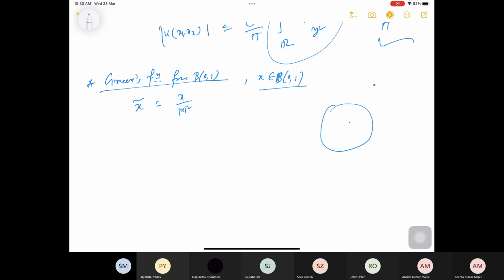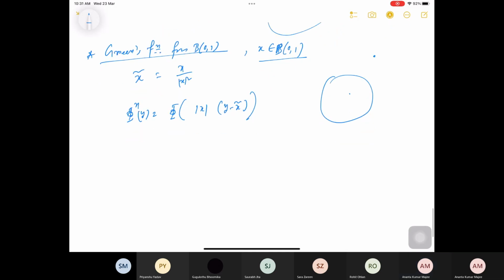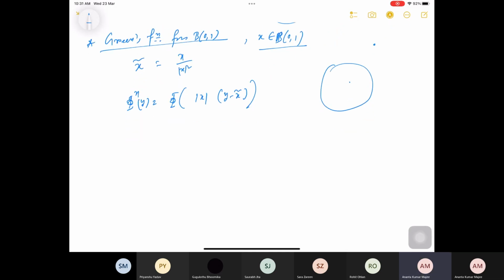So it is outside the domain. So looking at that, I am defining phi_x(y), which is phi of mod x times (y minus x tilde). I am defining it using x tilde.